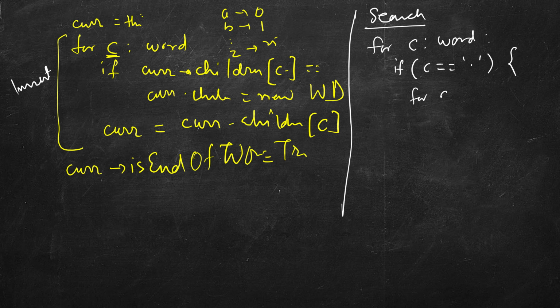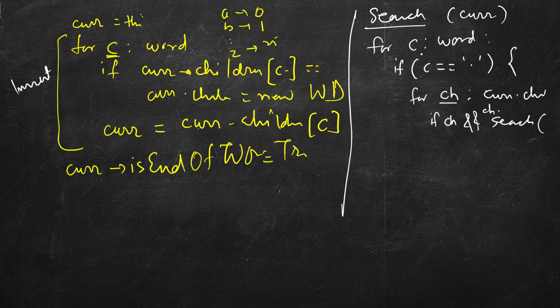For all the children in current dot children, so we are looking at all the nodes, and there we will look for if child is not null and child dot search substring. So instead of this, you can keep an index I equal to 0 to word length and then get the character from there, word I. So search in word I plus 1 till end.